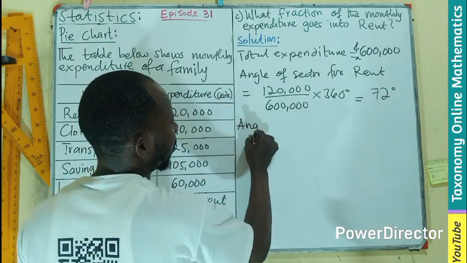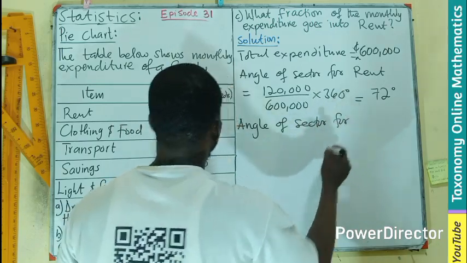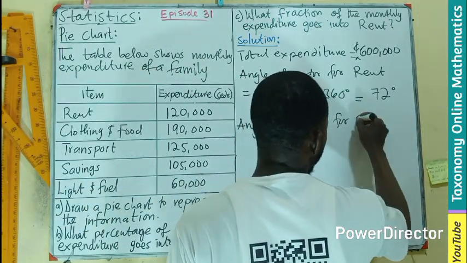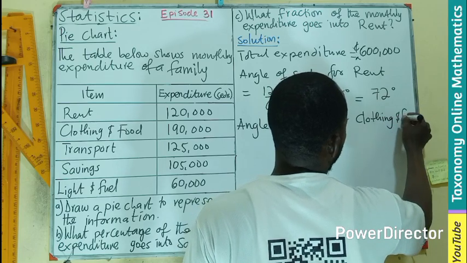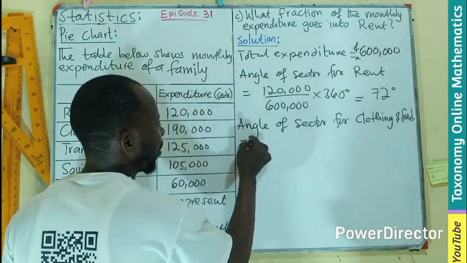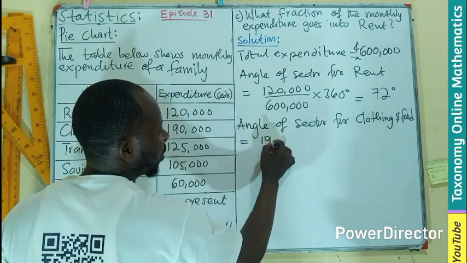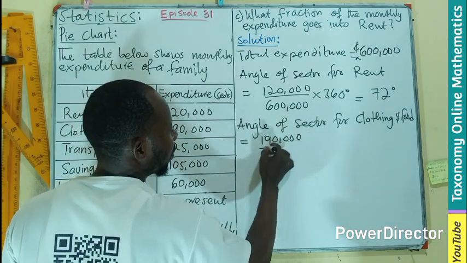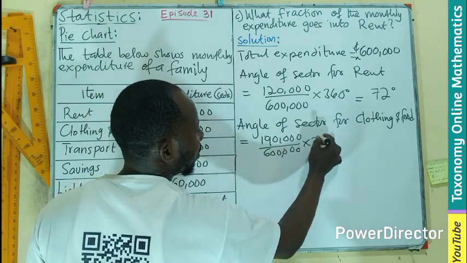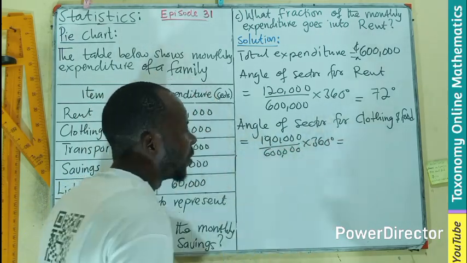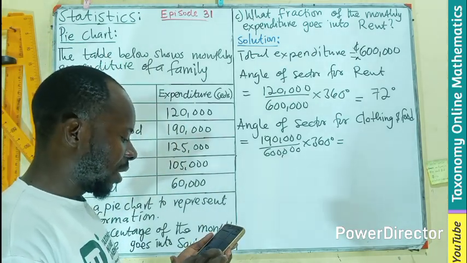Then angle of sector for the next one is for clothing and food. So the item for clothing is 190,000 divided by 600,000 times 360. So we can multiply that.